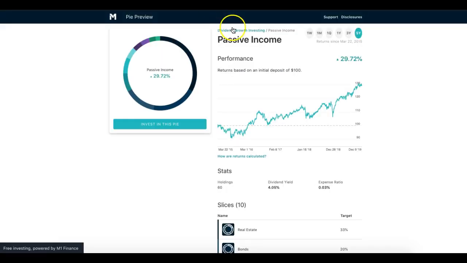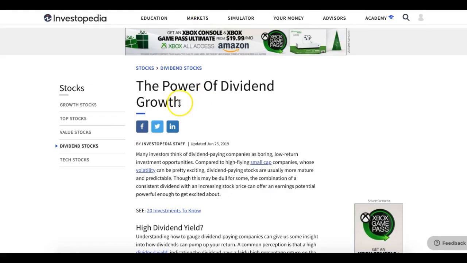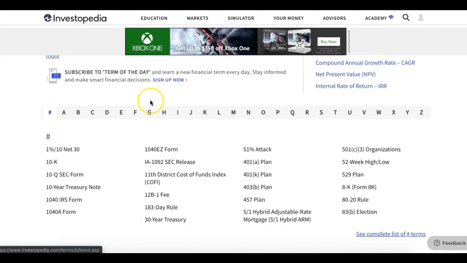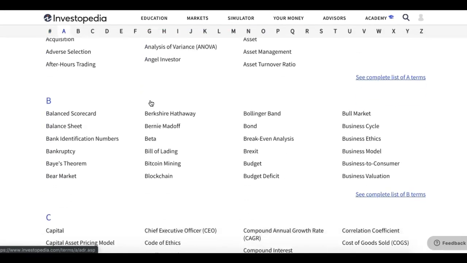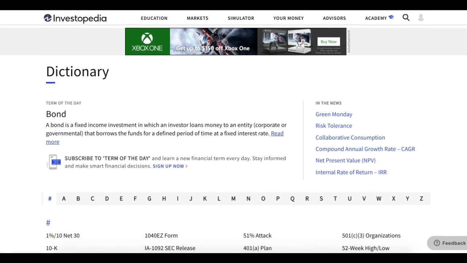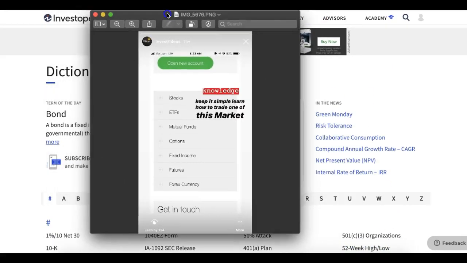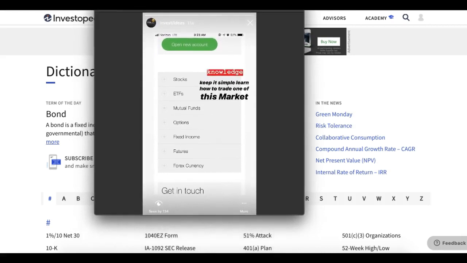Okay, before I get into this investment strategy, which you can learn from Investopedia, and you can learn from here as well, I want to show you this picture right here. It's just a picture from TD Ameritrade.